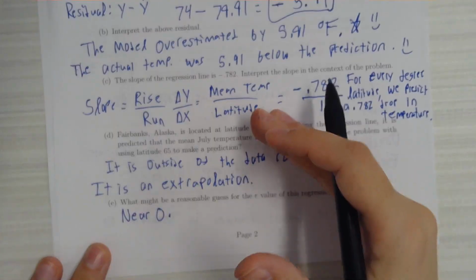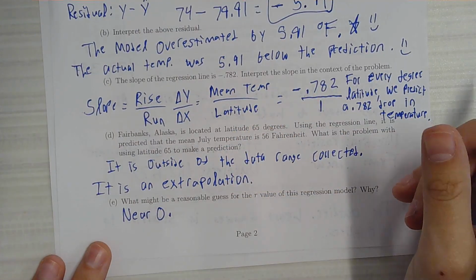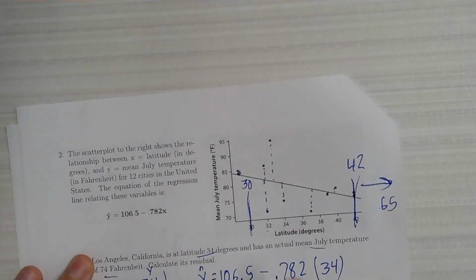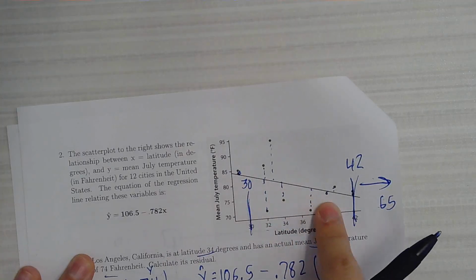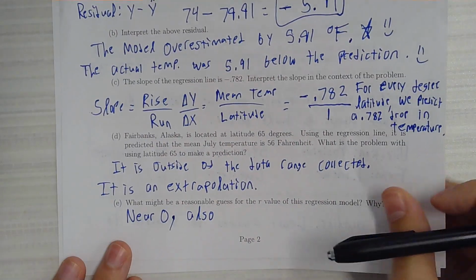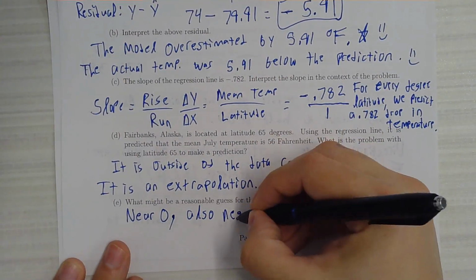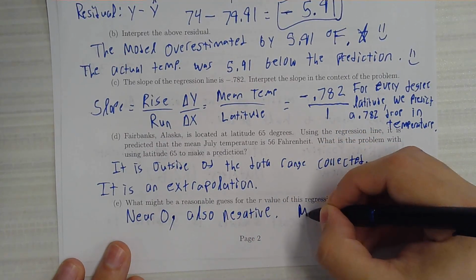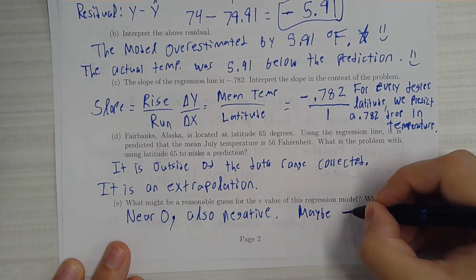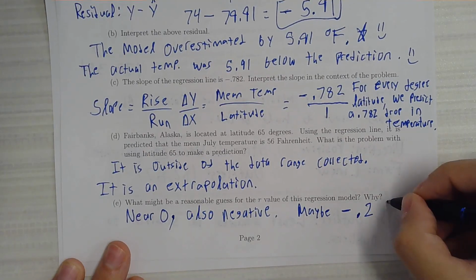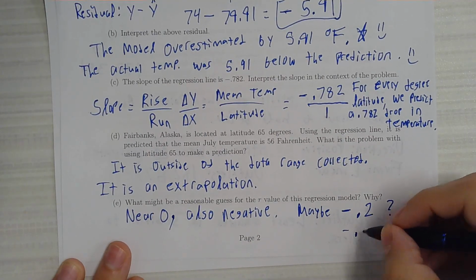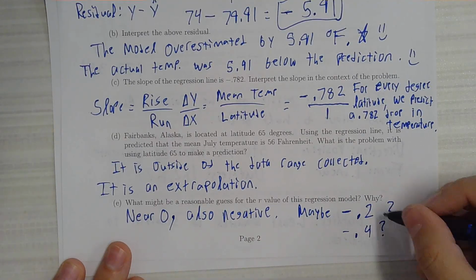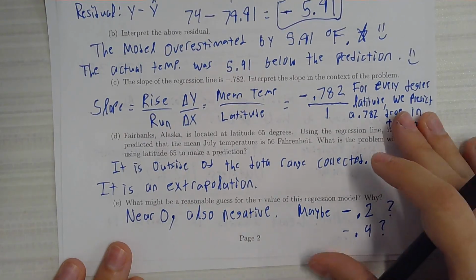Probably not 0, it's weak, but it's going to be near 0, and also it's going to be negative because it's a negative direction. Okay, negative correlation, also negative. Maybe negative 0.2, negative 0.4, anything around that, those numbers would work here.